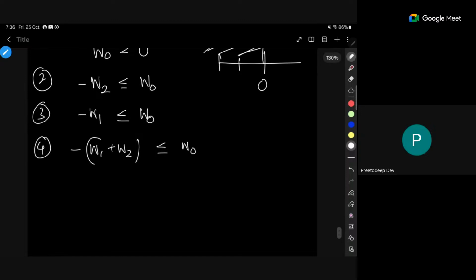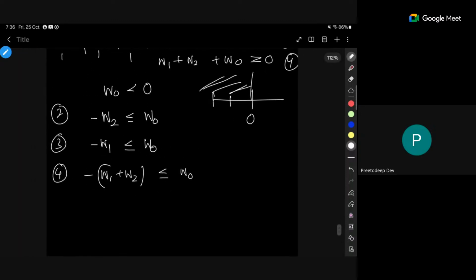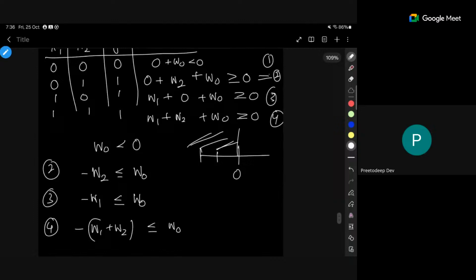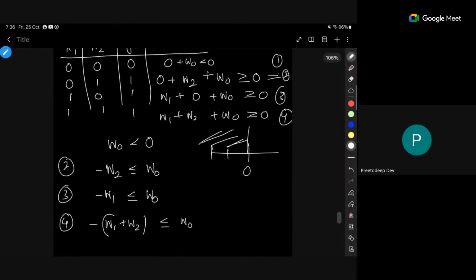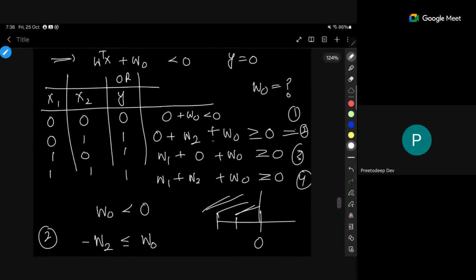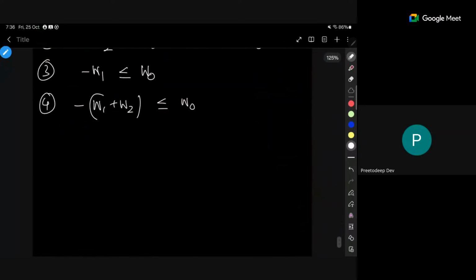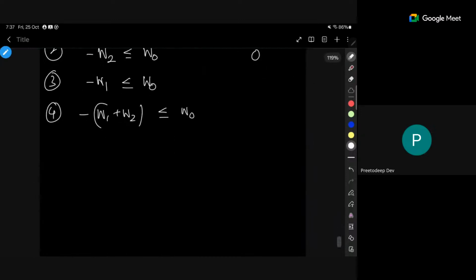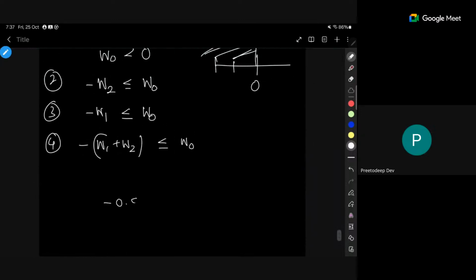One of the possible solutions we can figure out is this. W1 and W2 have to be greater than minus W naught, and positive, so that I can get more than 0. W naught has to be negative also, so let's say I take minus 0.5.